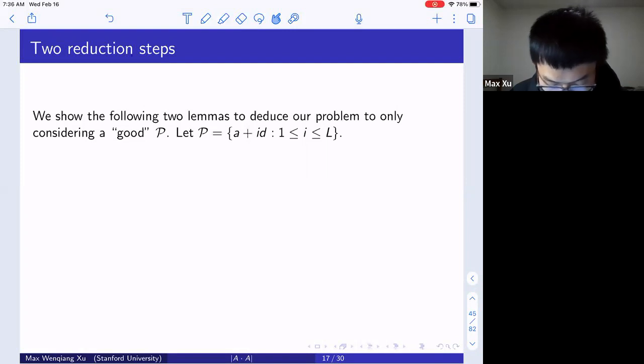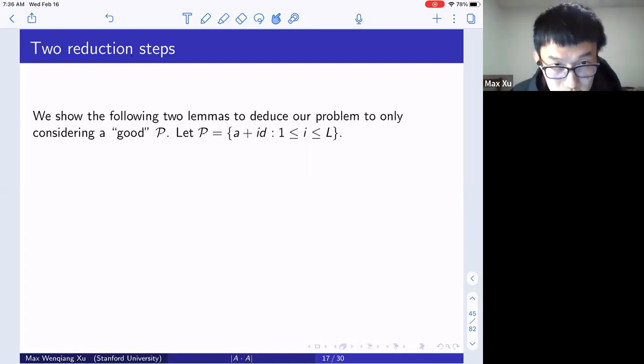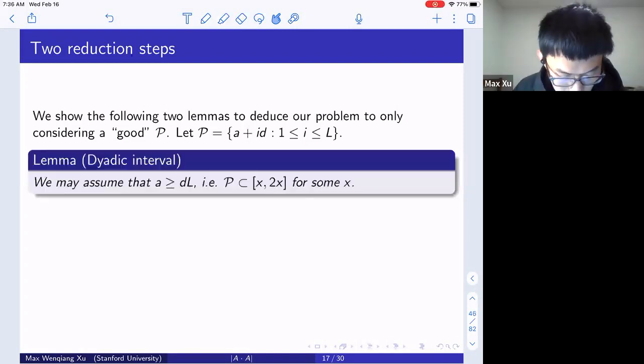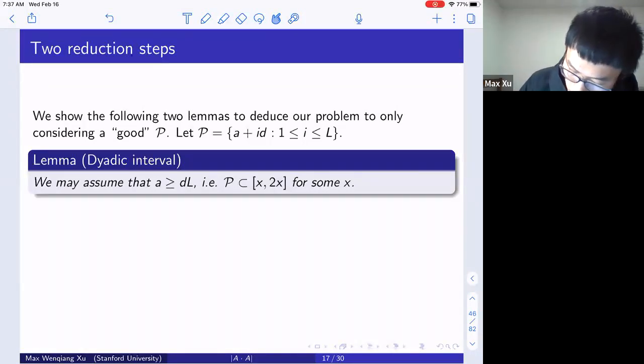Let's say the AP is a plus i d, the length of the AP is L, the common difference is d, and it starts at the point a. Then the first lemma, very heuristically, says we can assume that the starting point a is at least d times L. Roughly speaking, our arithmetic progression will be in a dyadic interval.